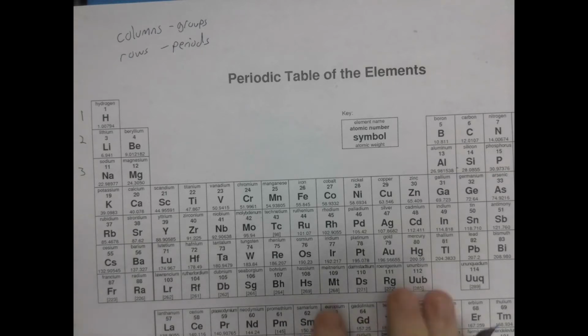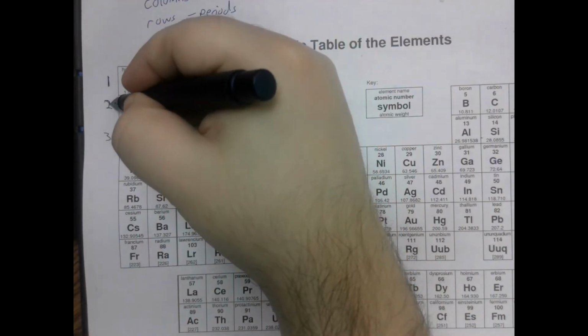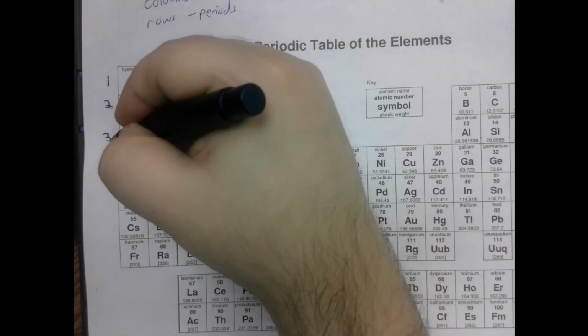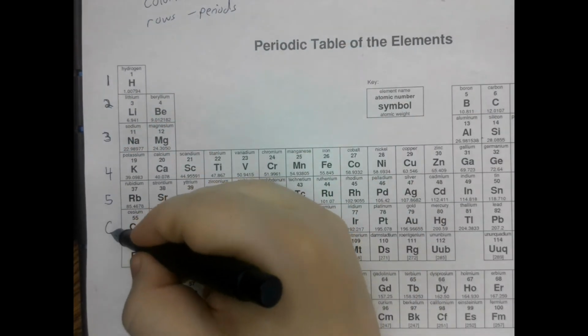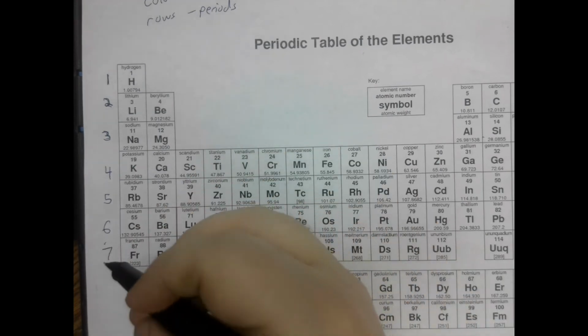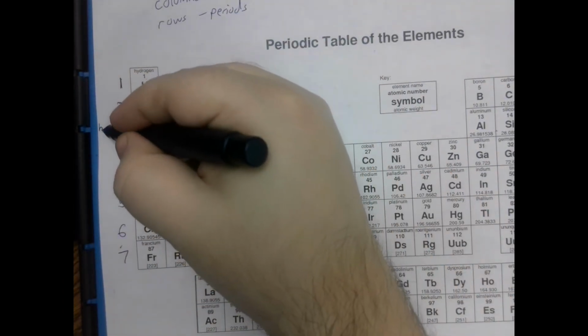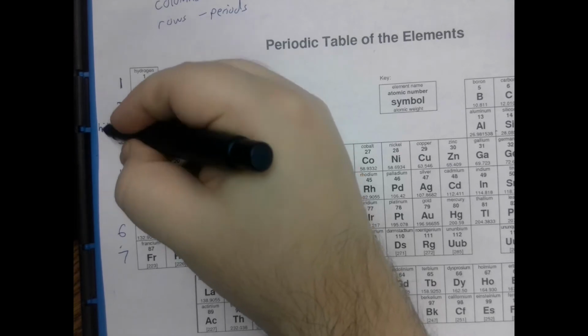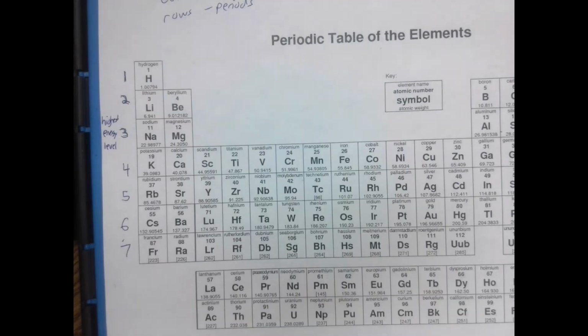So the energy level is going to be the same as the number for the period. The highest energy level is going to be determined by what row it's on.